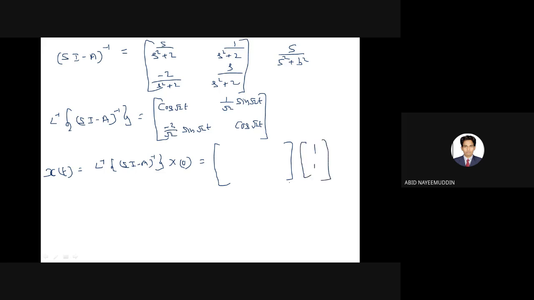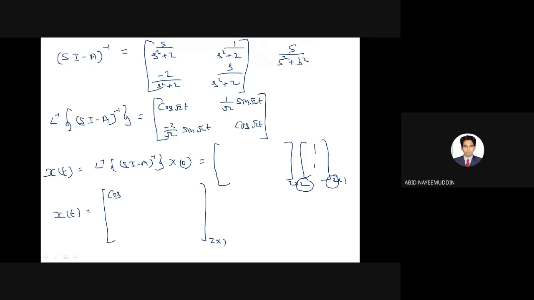Now if you observe, this is 2 by 2 and this is 2 by 1, so the resultant matrix will be 2 by 1. That gives you directly x of t, a single column matrix with 2 rows.